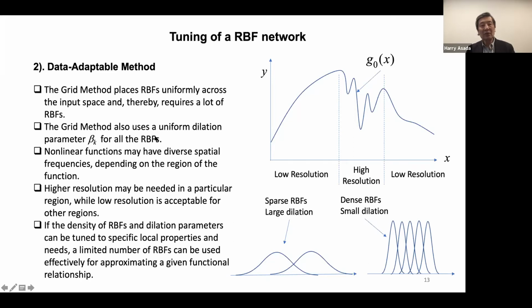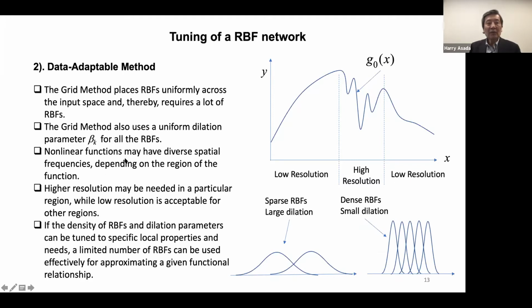That's not effective. So not only do we abandon the grid-based allocation, we have to use the limited number of radial basis functions more effectively by allocating the center points at those areas needed. And also, we tune the dilation parameter beta k to be more effective.